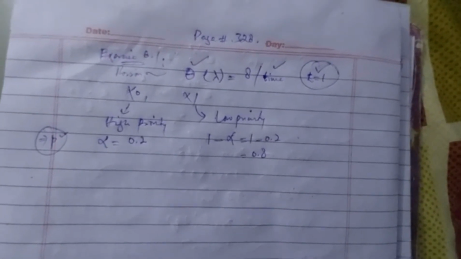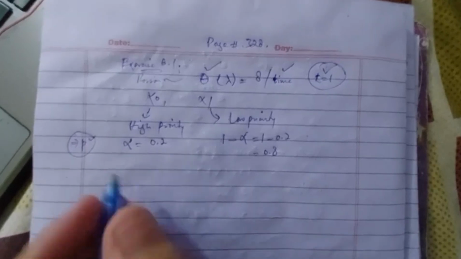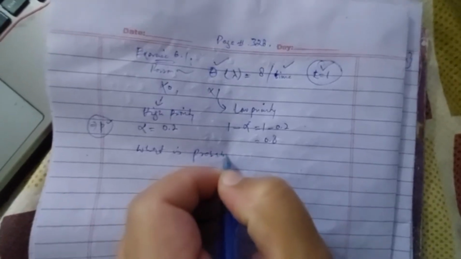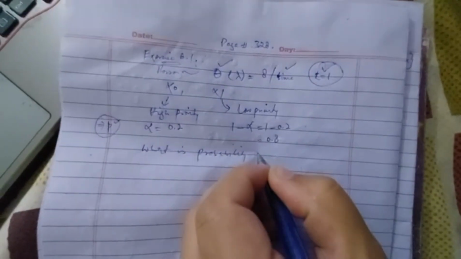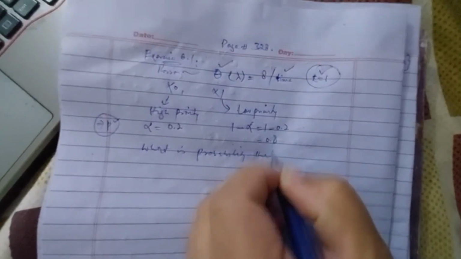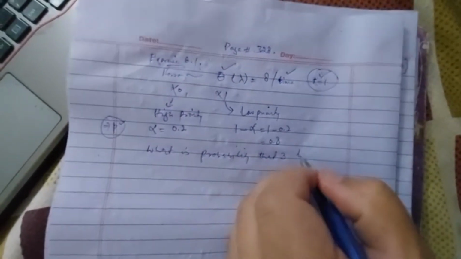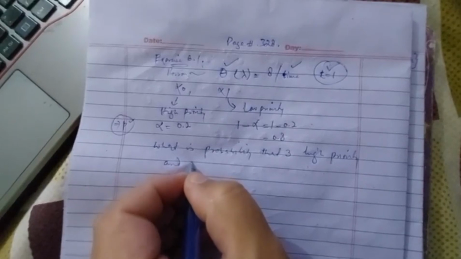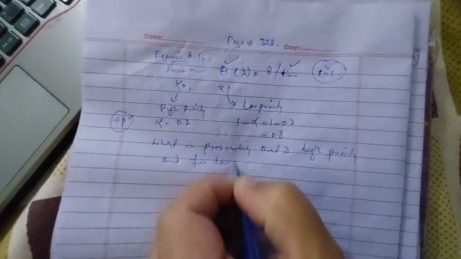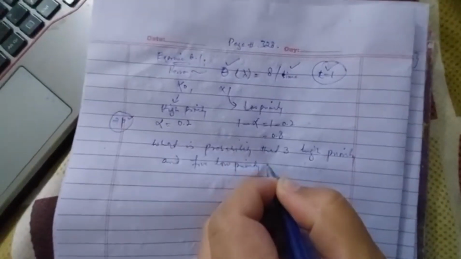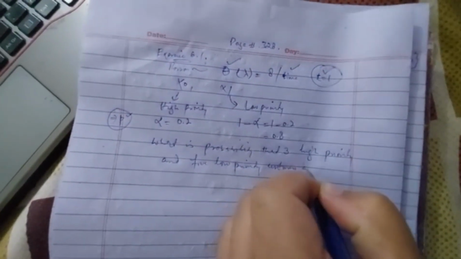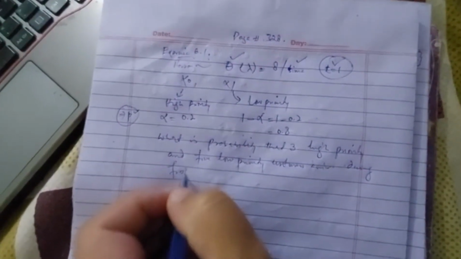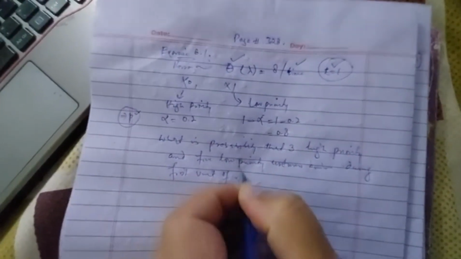Now they want us to find what is the probability that 3 high priority and 5 low priority customers arrive during the first unit of time.